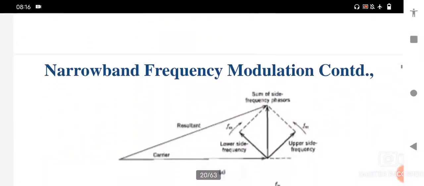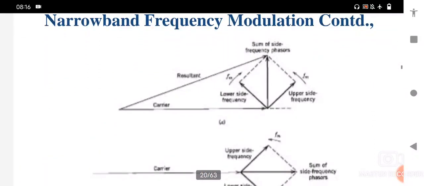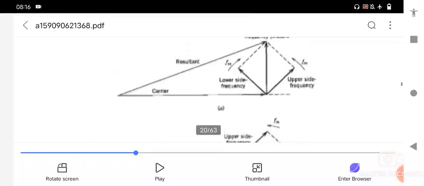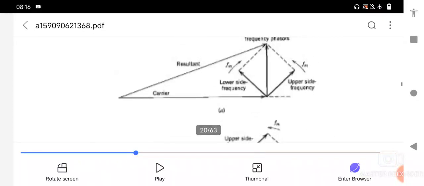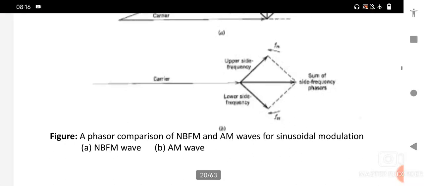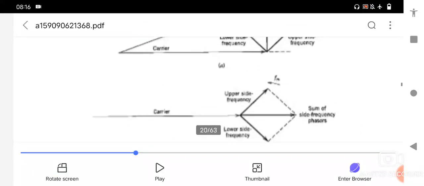So what is the phasor representation? What is the basic difference between the AM signal and NBFM? These two signals are compared by using phasor comparison. Here is a phasor comparison of NBFM and AM waves for sinusoidal modulation.